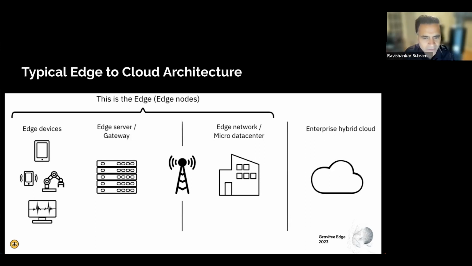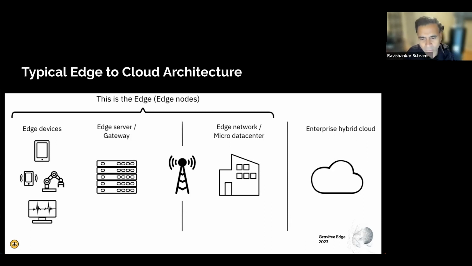You want to do some analytics on the edge because not all data needs to go to the cloud. Some of it can stay on the edge because the use case may demand that you react immediately, as opposed to the data getting to the cloud. And the cloud or the enterprise is typically used for longer term analytics, as opposed to the short term analytics or quick response that's needed on the edge.